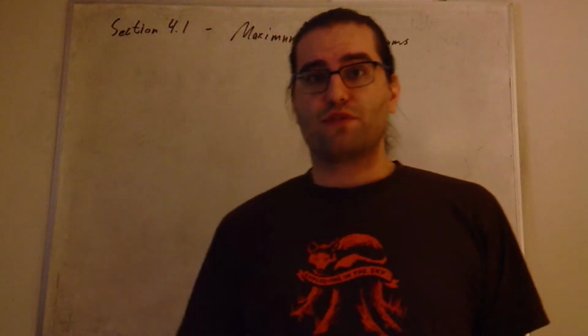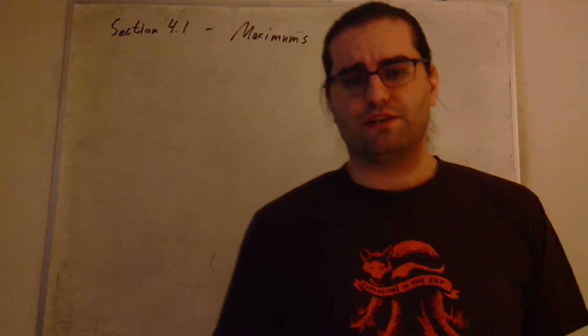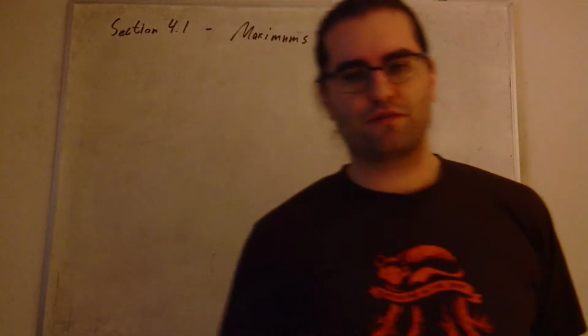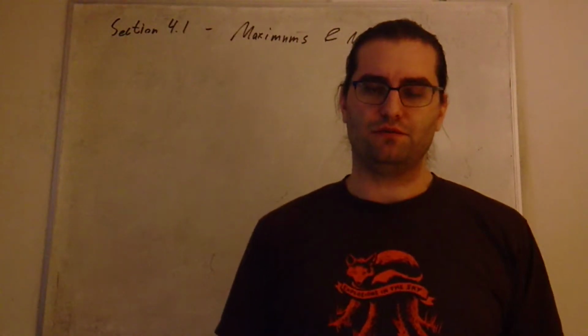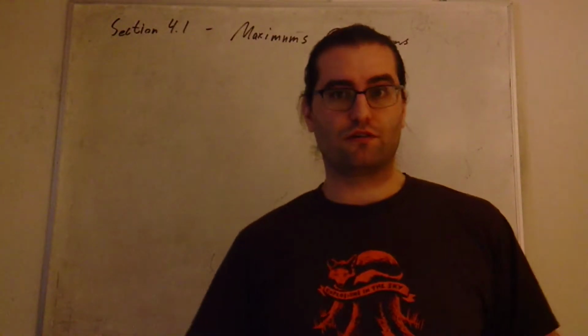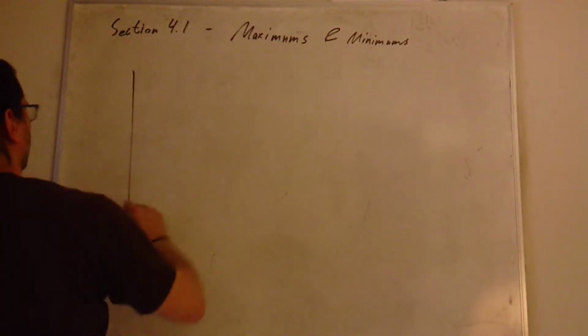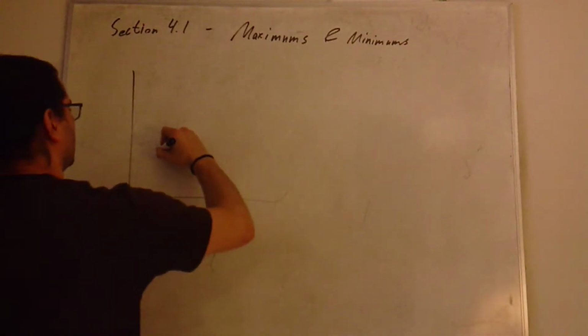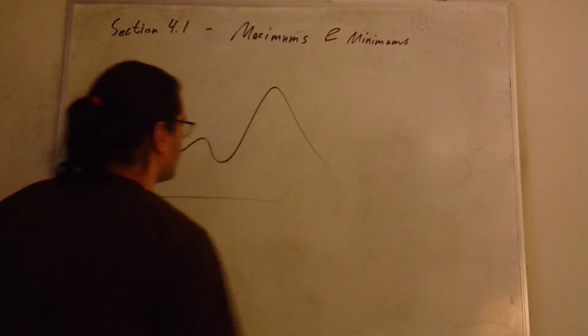The most important thing we can do, and the thing we're going to talk about for most of chapter 4, is we can use derivatives to find the maximum and minimum values of a function on an interval or globally. The idea is you've got a function, it's doing something like this maybe.